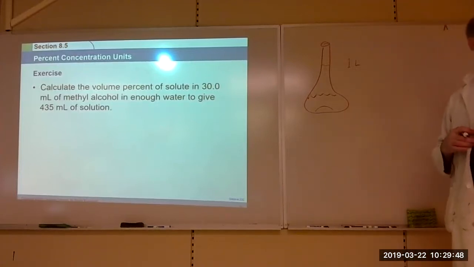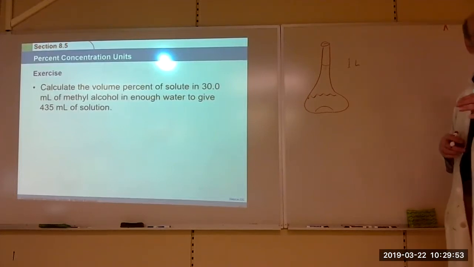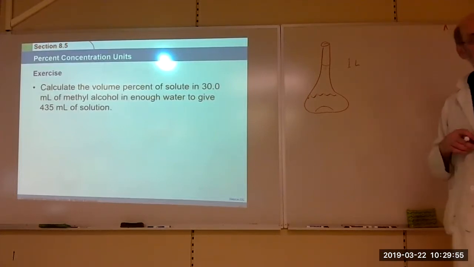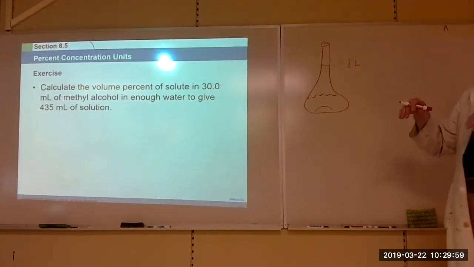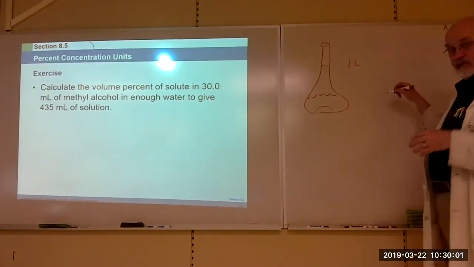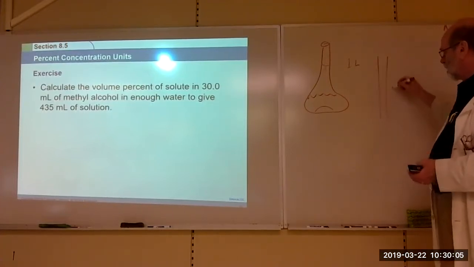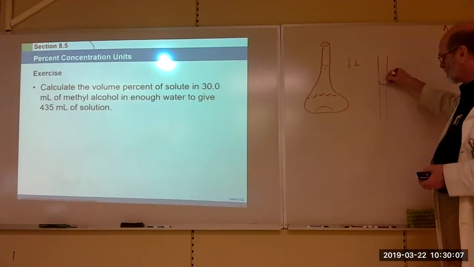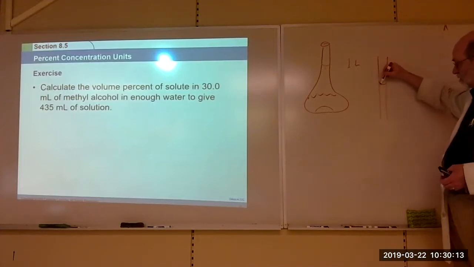Now, when you have water in glassware, there's a convention for how you read the position of that water in the tube, and water behaves this way in glassware. So if you have a long tube and you have water in there, it forms a meniscus like that, curves down. So it's designed to be read at the bottom of that meniscus.